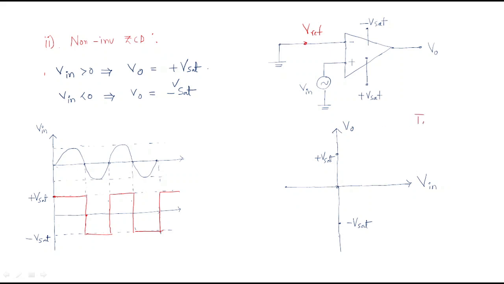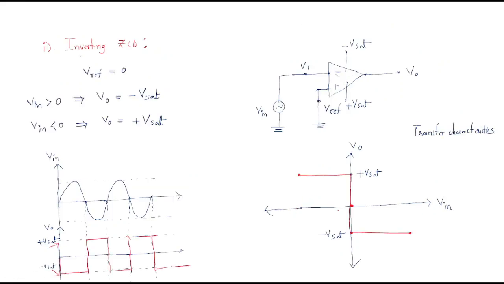So these are the transfer characteristics. When V input is positive, the output is always positive, and when V input is negative, the output is negative.